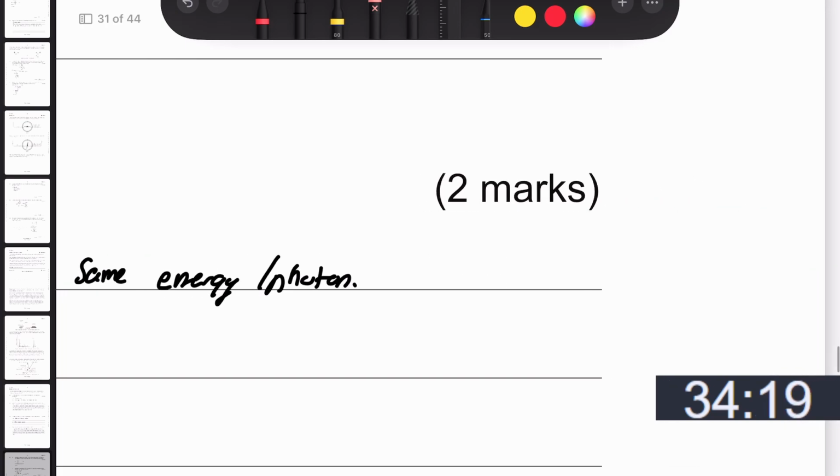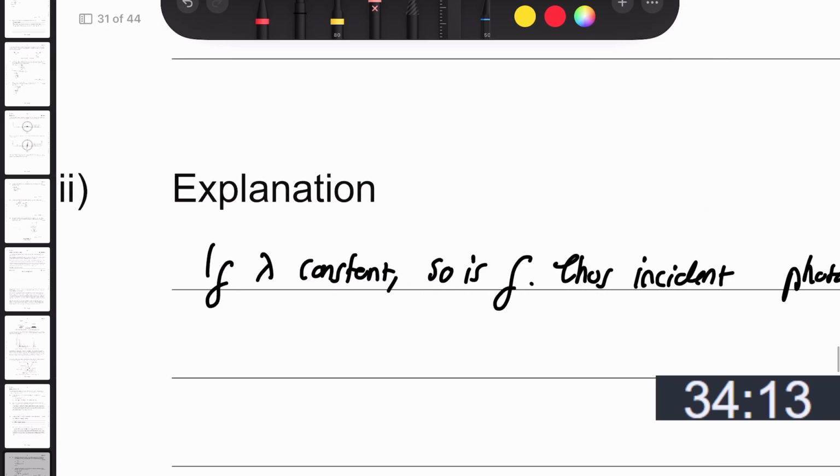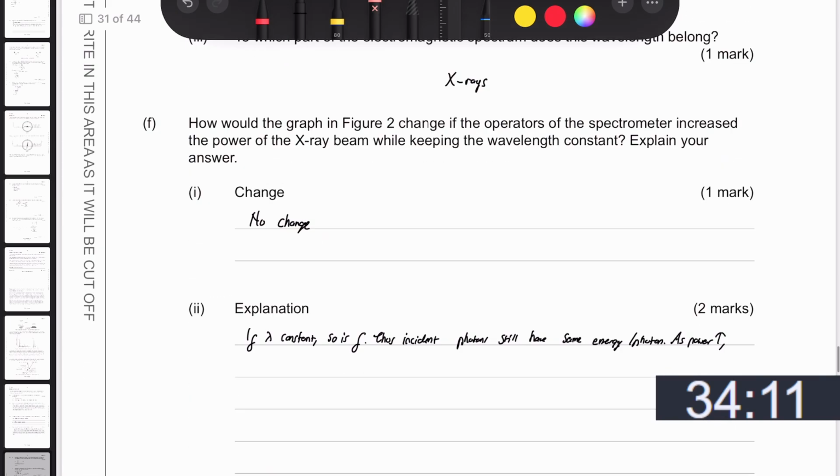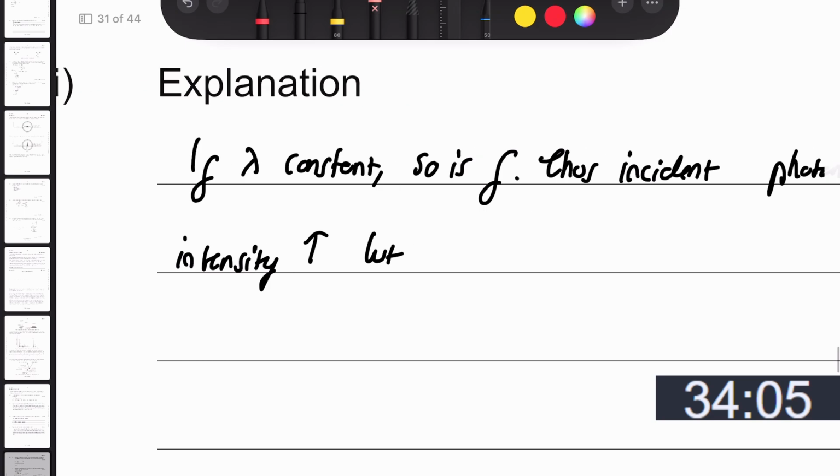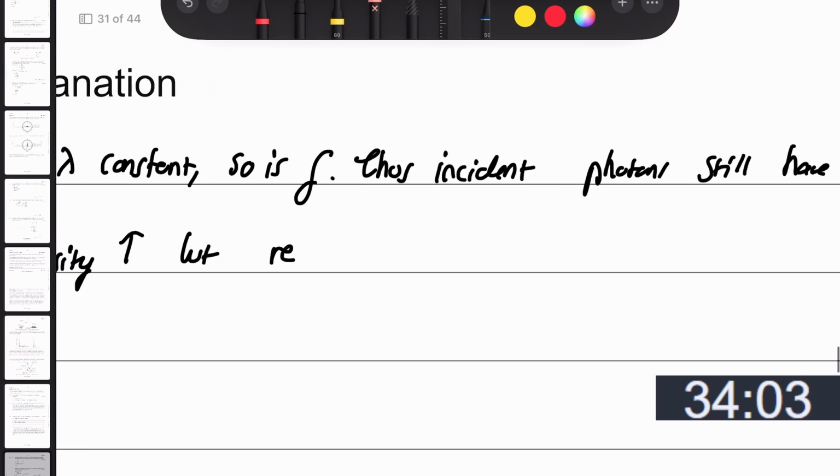So then, as power increases, intensity increases, but relative abundance will remain the same.